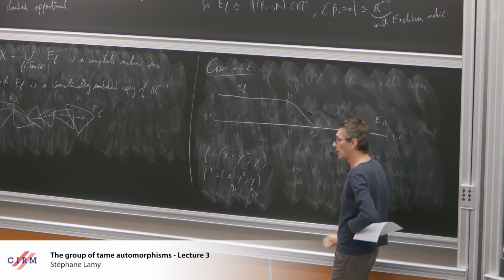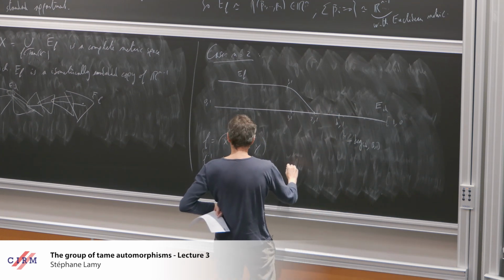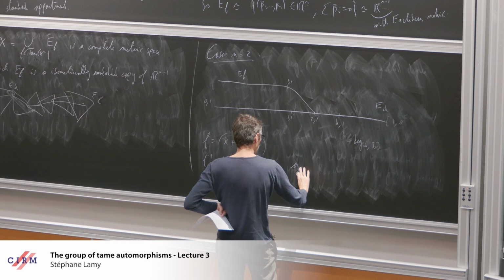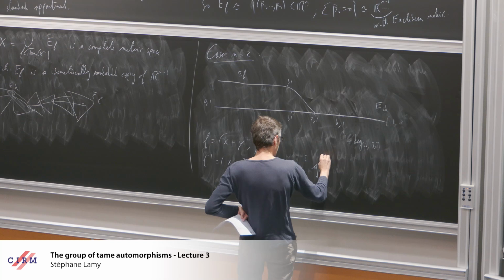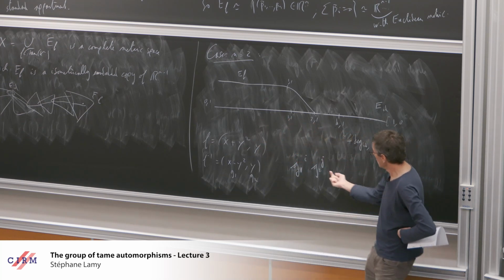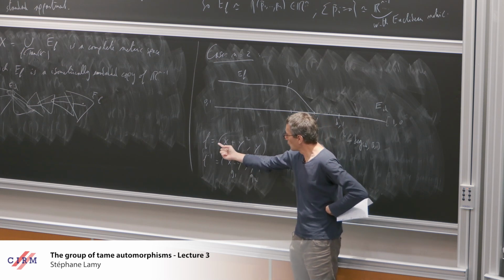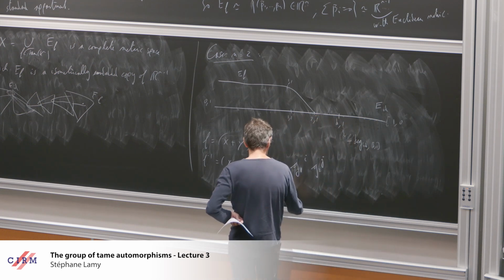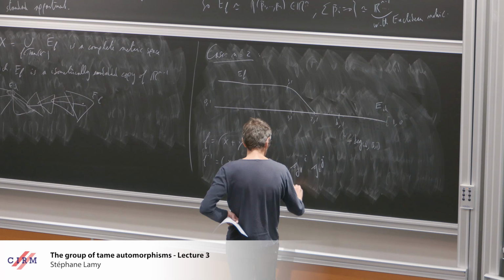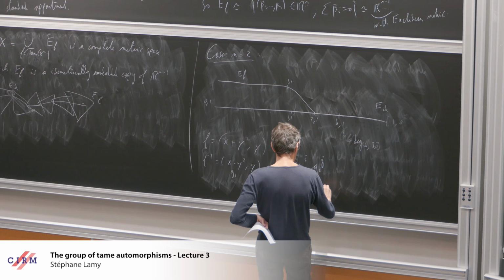After that, they separate. To see that, you have to check the following: if you compute the degree of the monomial G1 to the I1 times G2 to the I2 with respect to F, with weight alpha 1, alpha 2, you have only one monomial, so it's I1 alpha 1 plus I2 alpha 2.